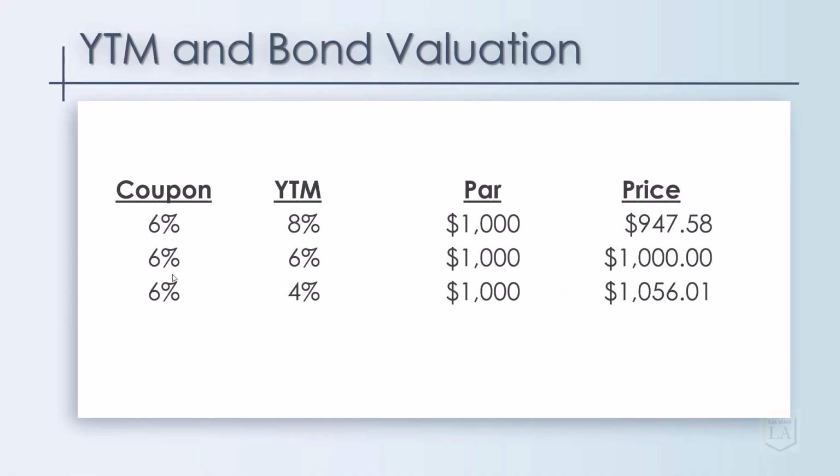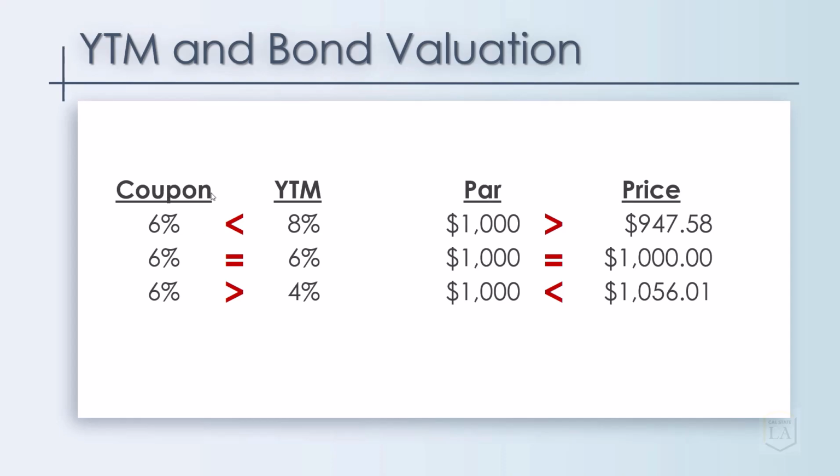And finally, if the coupon rate was equal to the yield to maturity, the par and the price would be equal. So the relationship between the coupon rate and the yield to maturity affects the relationship between the par value and the price.